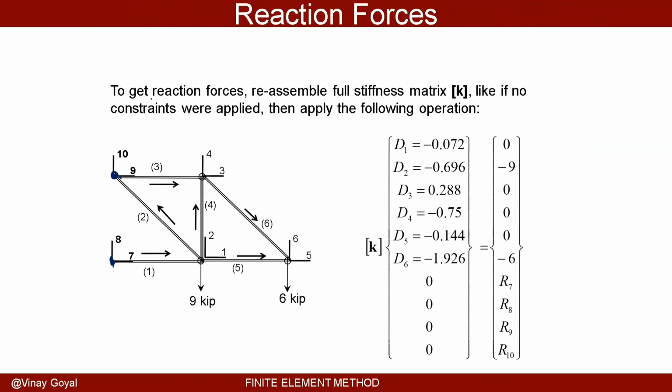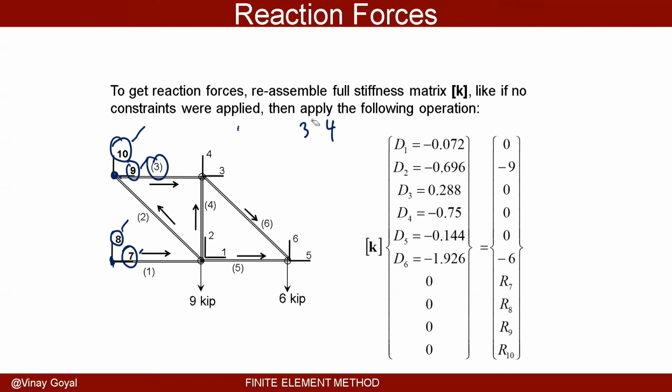You now have degrees of freedom 1, 2, 3, 4, 5, 6. You can now do the ones that were 0, just make them 7 and 8, 9 and 10. Just add those degrees of freedom. Now assemble the full stiffness matrix as if there is no constraint to them. So for example, the code number for element 3 is 9, 10, 3, and 4.